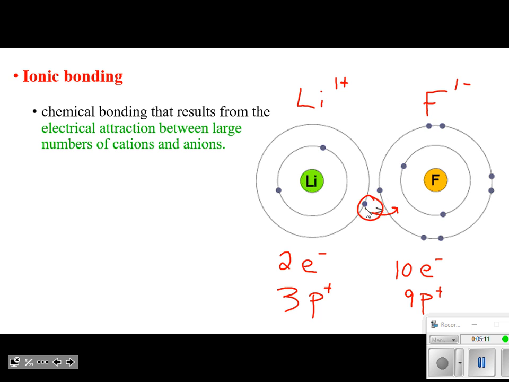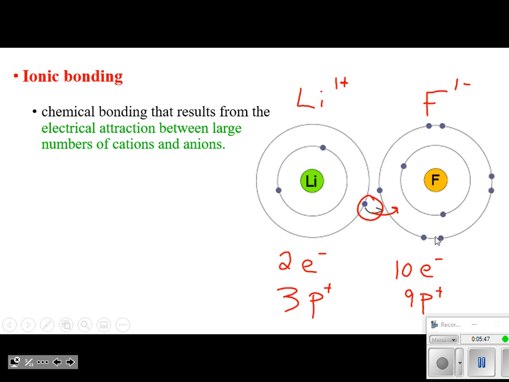So when lithium gives up this electron to fluorine, its shell right here is filled. Because remember, the first energy level only has an s sublevel, and it fills with 2 electrons. And by giving fluorine that electron, this energy level is filled with 8. Now, lithium has 3 protons. When it loses that electron, it only has 2 electrons. 3 pluses and 2 minuses gives me a net charge of +1. Here, fluorine has 9 protons.